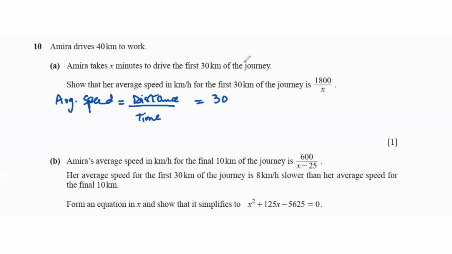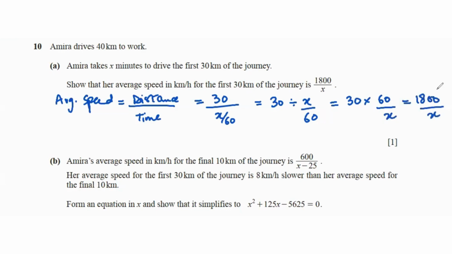Since they want the average speed in kilometers per hour, our time is going to be X over 60. If we rewrite this, 30 divided by X over 60 is basically 30 times 60 over X, which when we further solve is 1800 over X. So this is your speed in kilometers per hour. If they were saying kilometers per minute, then it would be 30 over X.